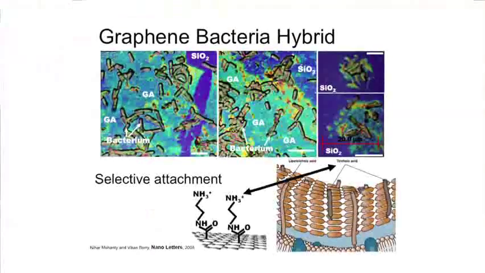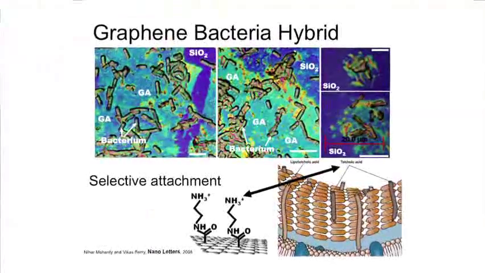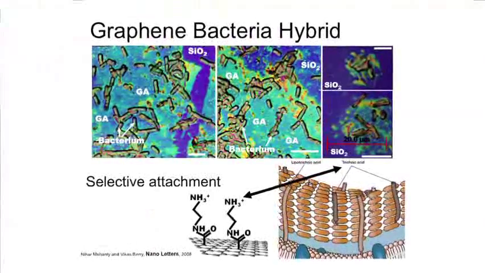This image over here shows us the specific attachment of bacterial cells with graphene surfaces, and as you can see, most of the bacterial cells are depositing only on the graphene surface, and this is because of the specific attachment of the bacteria on functionalized graphene.